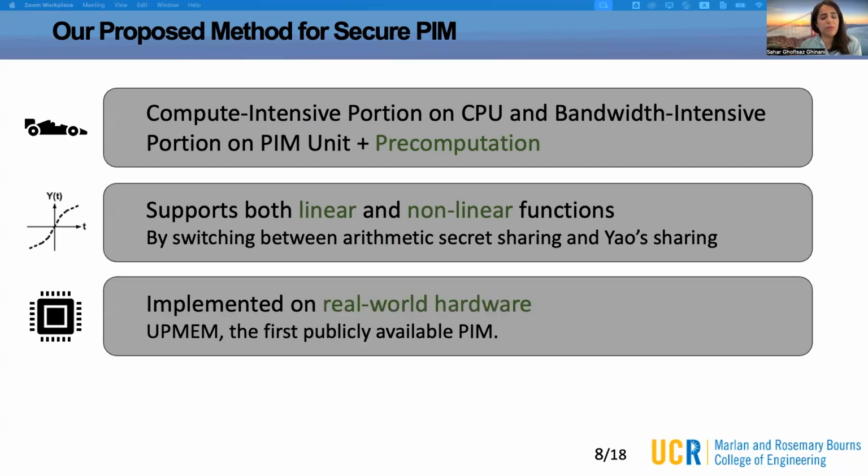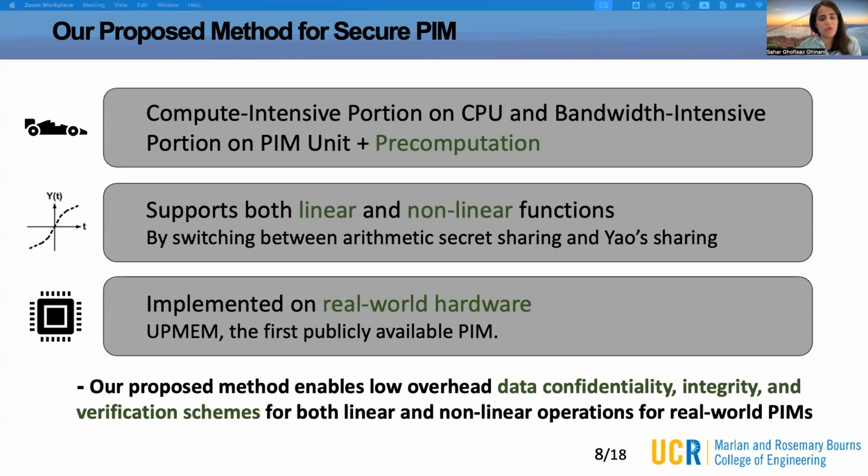Also, we are implementing and evaluating our scheme using real-world PIM hardware, UPMEM. However, our approach is applicable to any other PIM architecture out there. So overall, our proposed method enables a low overhead data confidentiality, integrity, and verification scheme for both linear and nonlinear operations for real-world PIMs.